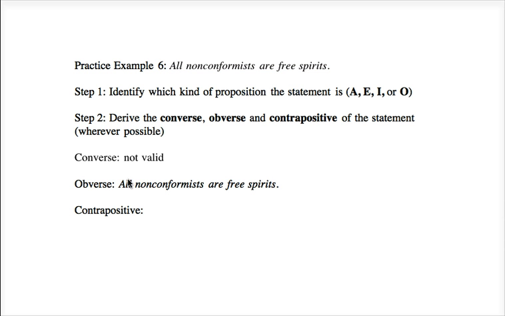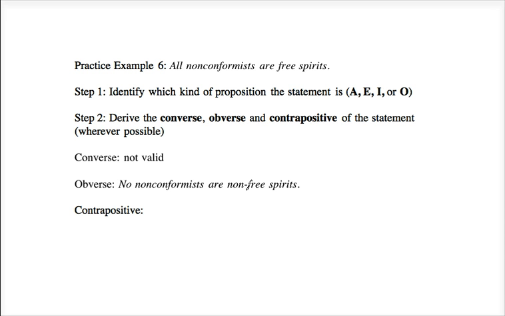So the first thing we want to do is change the affirmative statement to a negative. So we do that by changing all to no. And then we want to change the predicate term to its complement. So we'll say non-free spirits.